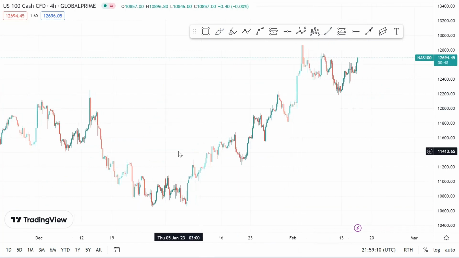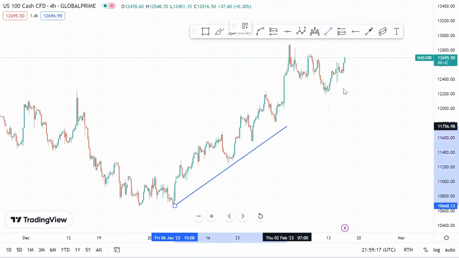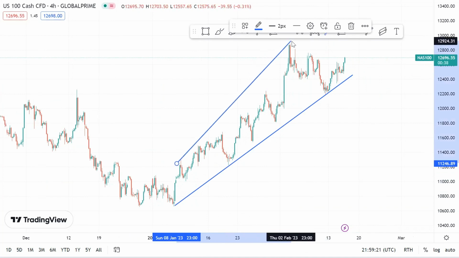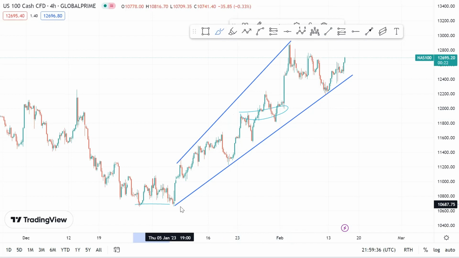Okay, so I'll start from this level here, which is where we took our trades. Okay, so putting our trend line here and taking a trade here was something that we highly saw. Remember guys, we only took a trade here and here, also on the double bottom here.